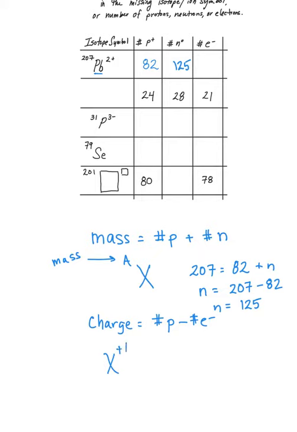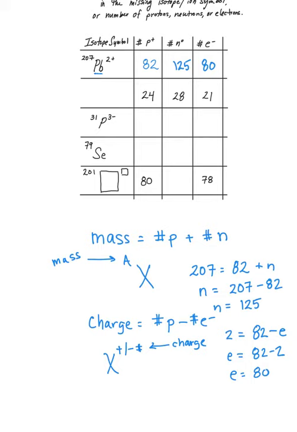In this case, that charge on our lead ion is 2+. In the first case, 2+, or +2, must equal the number of protons that our nucleus contains minus the number of electrons surrounding the nucleus. To solve this, we'll rearrange our equation and subtract 2 from 82. There must be 80 electrons around this nucleus.